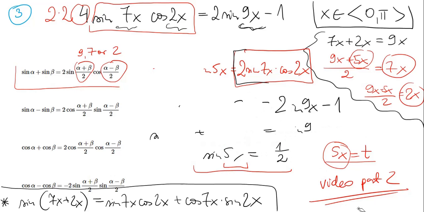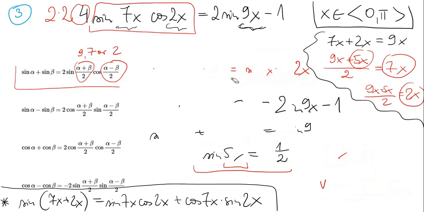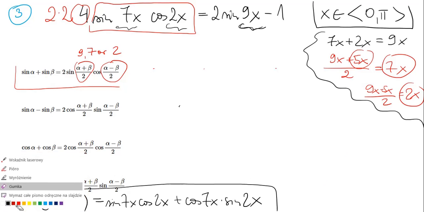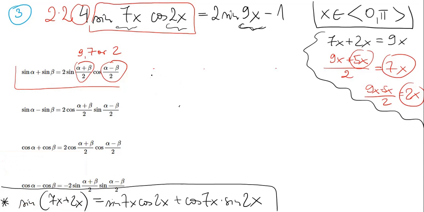If you see video part 2, just think about it, and then you can go there and check your answers. Be very careful, because you will get more points than it might look like. So look for t and then calculate x from this simple equation.